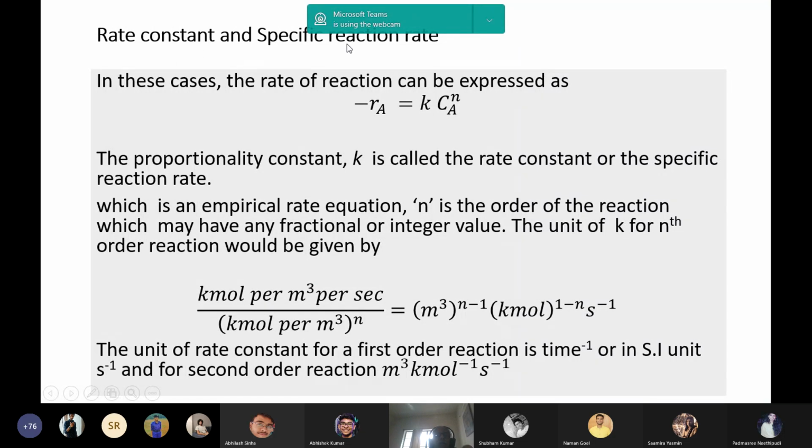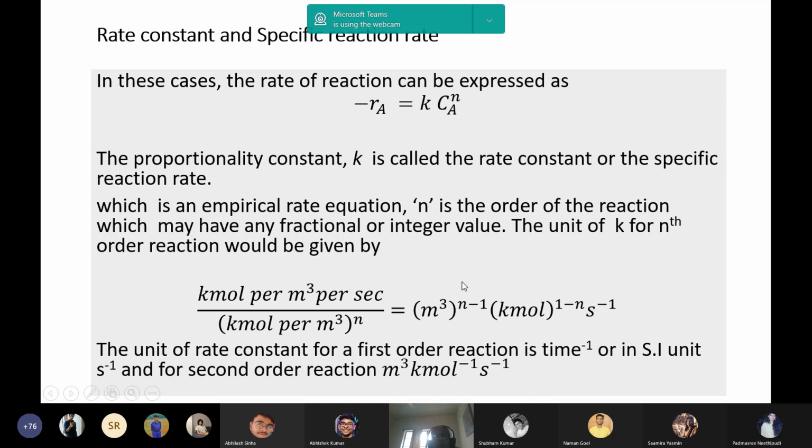Now, rate constant and specific reaction rate. What is specific reaction rate? This rate constant is sometimes called specific reaction rate, and this K is involved in the general form of rate expression, minus rA equals K Ca to the power n, where K is the rate constant and n is the order of the reaction. This may be fractional order for non-elementary reaction.